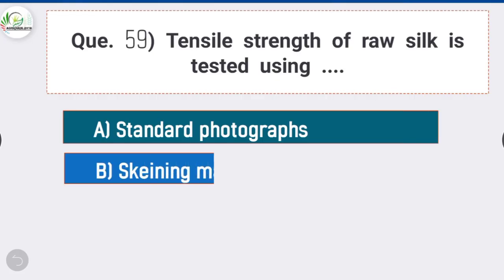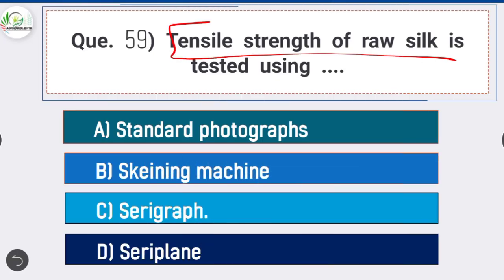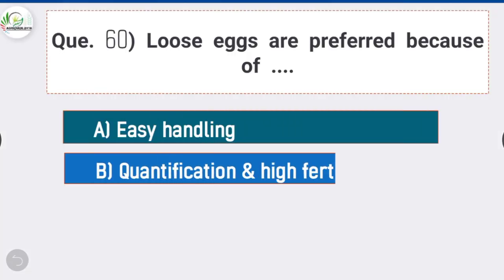Question number 59. Tensile strength of raw silk is tested using, and the correct answer is serigraph. Tensile strength of raw silk is tested using serigraph. Question number 60.